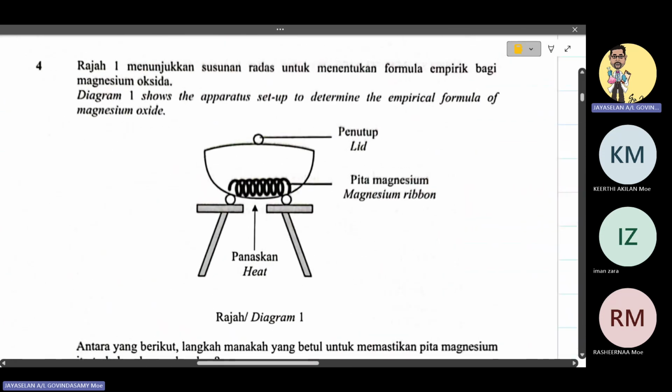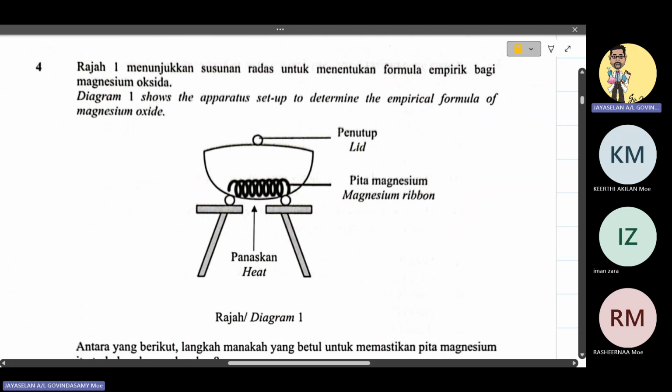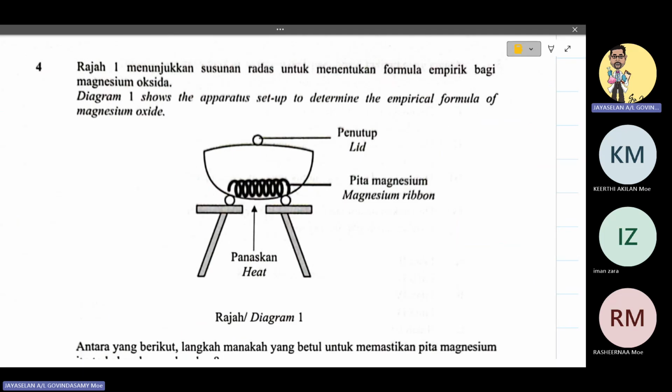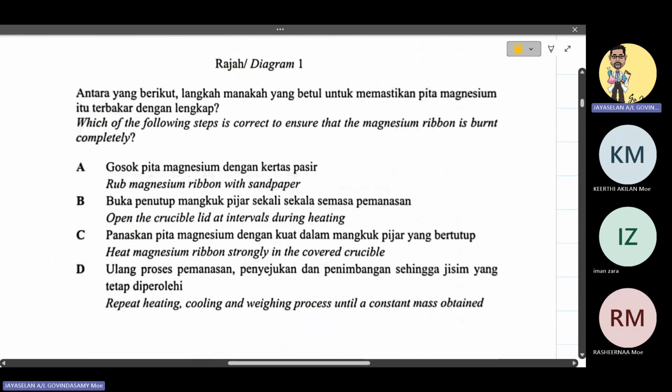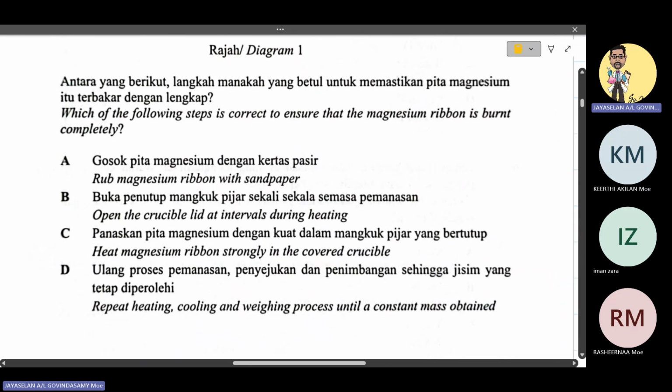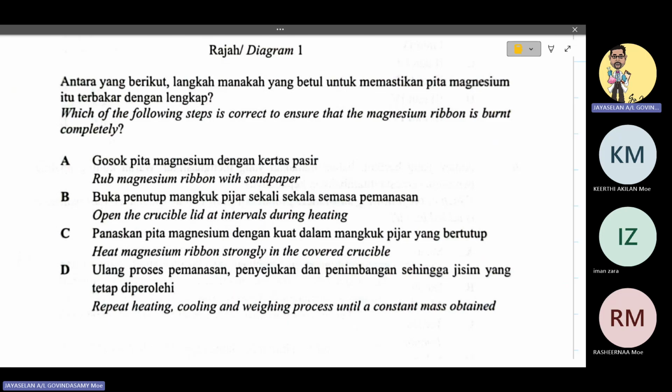Read the question. The diagram shows the apparatus to determine the empirical formula of magnesium oxide. They use the crucible method. So they ask which of the following is the correct step to ensure the magnesium ribbon is burned completely, or reacted completely. Very simple.